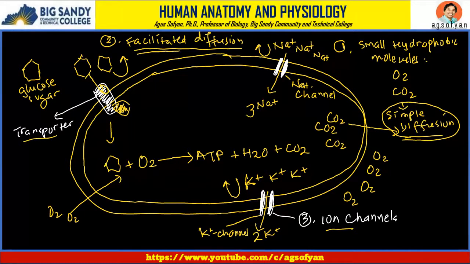Now forget about sodium and potassium. Just look at the charge of these ions. Sodium is positive, potassium also positive. So if you see this movement, there are 3 positive entering into the cell and only 2 positive exiting the cell. What does that mean?